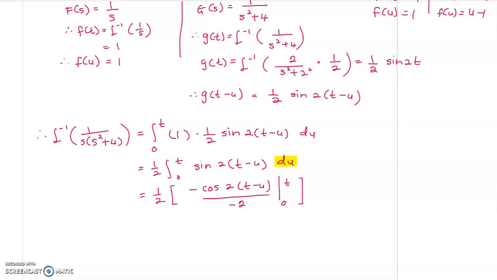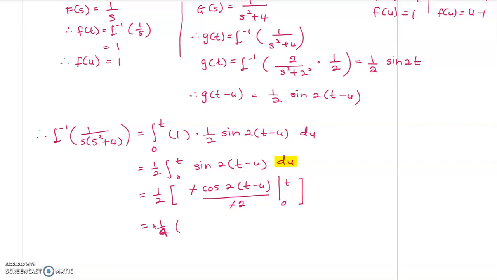The 0 and the t need to be substituted for u, not for t, because originally we integrate with respect to u. So we have 1 over 2 times negative 1 over 2, in fact negative 1 over 4. We can take out the negative 2, and in fact cancel out the negative and negative, so we have positive 1 over 4.